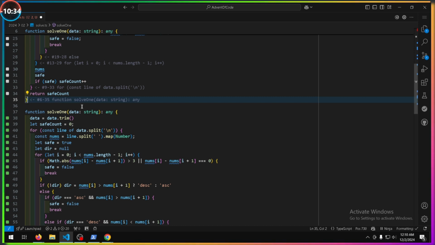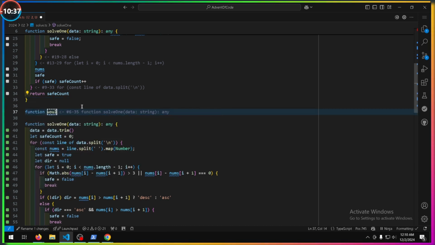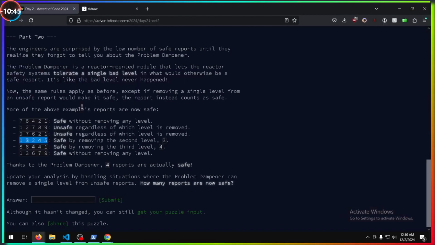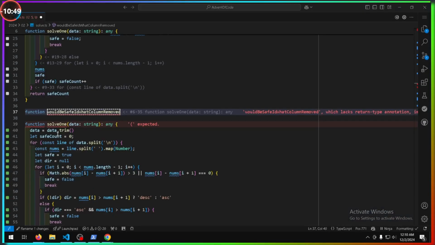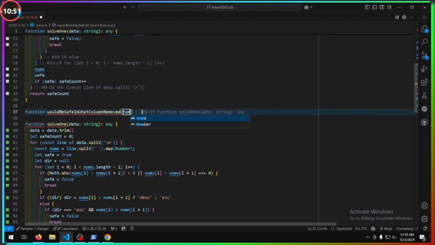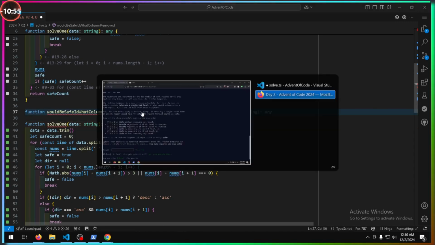So, would be safe with what column? It is column removed, right? Yeah, number array, and then I just return the one.